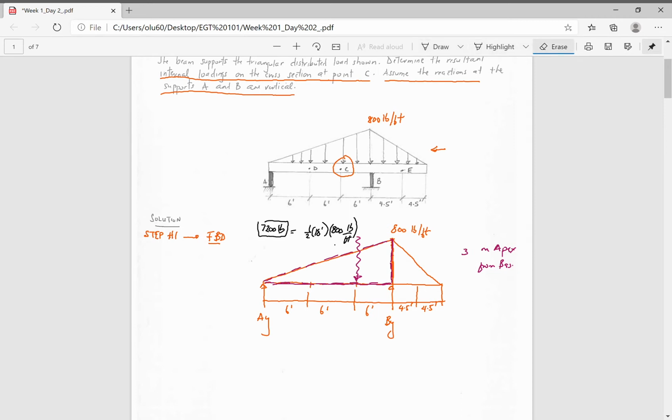Now we have another resultant force, and I'm going to erase this. It's in the way. This resultant force is going to act 2/3 from the apex or 1/3 from the base.